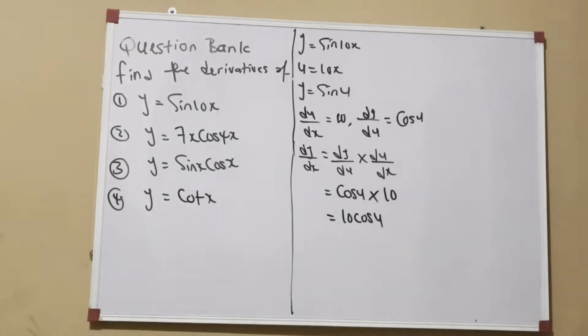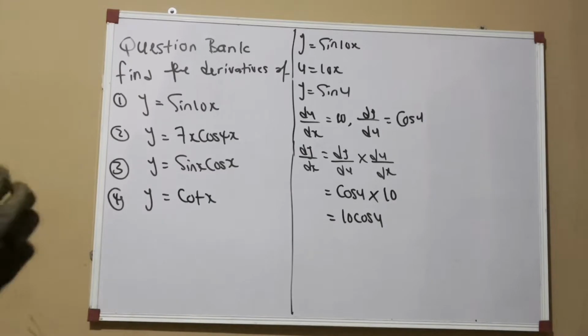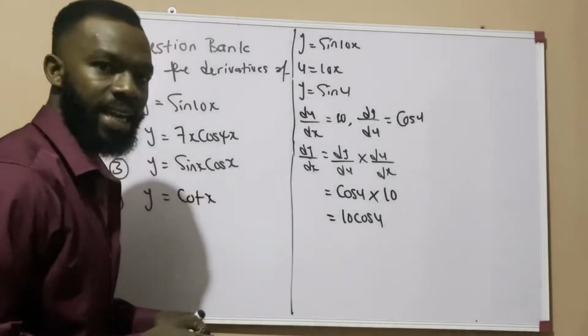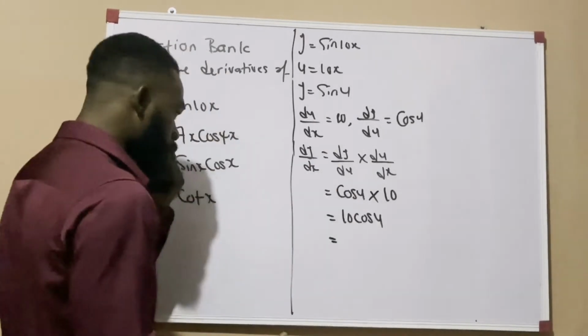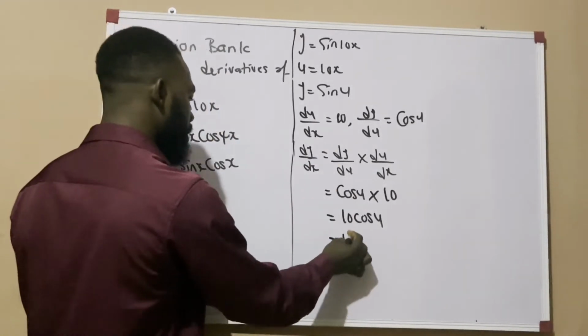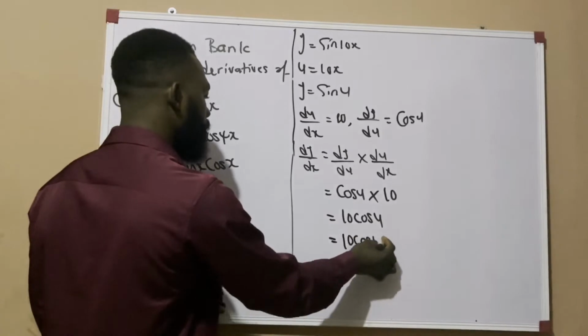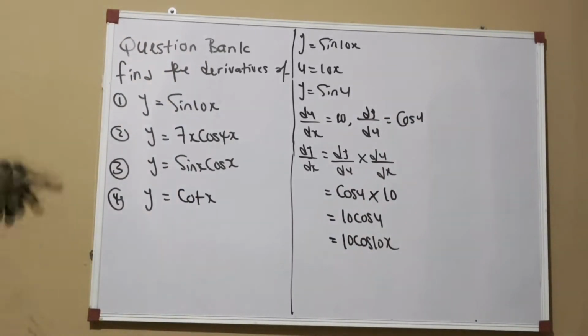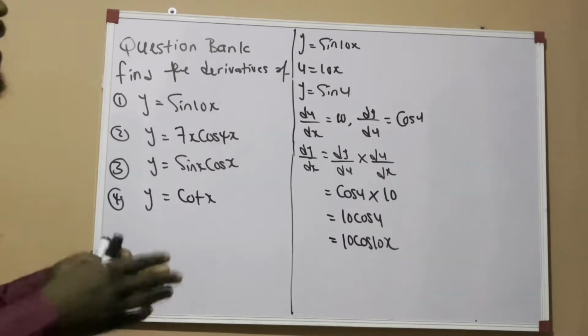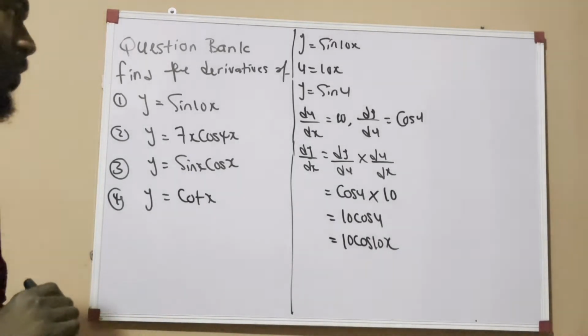But we are not done with the sum, because we said from the beginning that u is 10x. So substituting 10x again for u in the final answer, we have 10 cos 10x. This becomes the answer if we differentiate y equal to sine 10x.